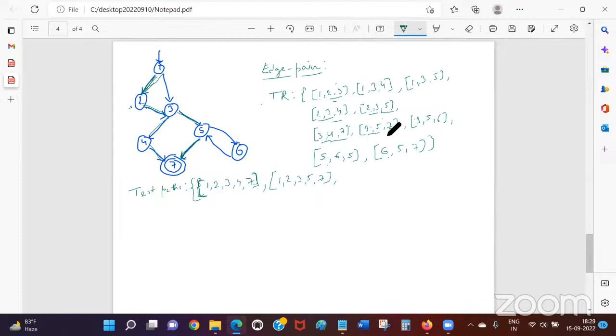Can I have more paths? Yes, because it is not done yet. Do I have 2, 3 anywhere? No. So let us check this. Say I start with 1, then I go 3 and 4.